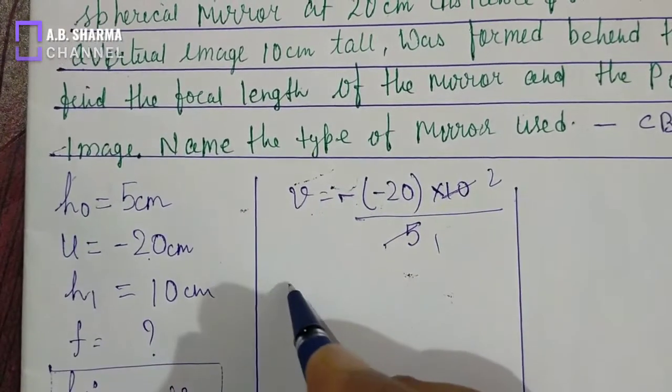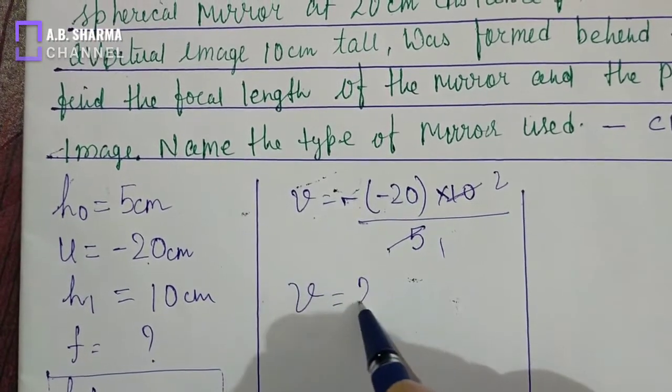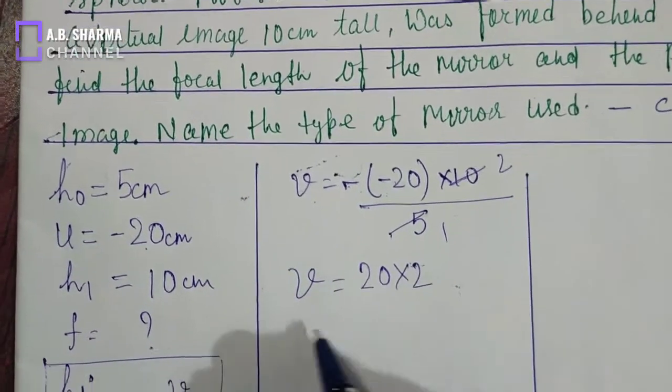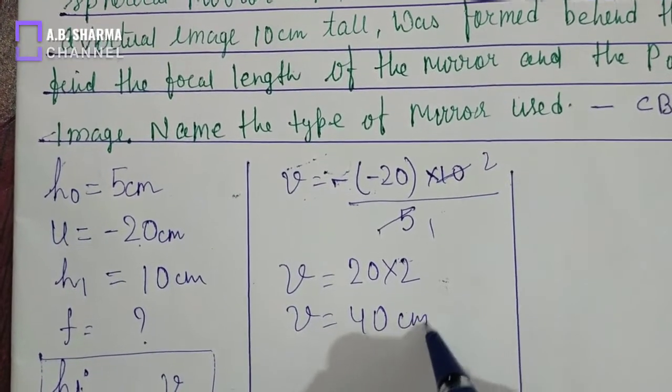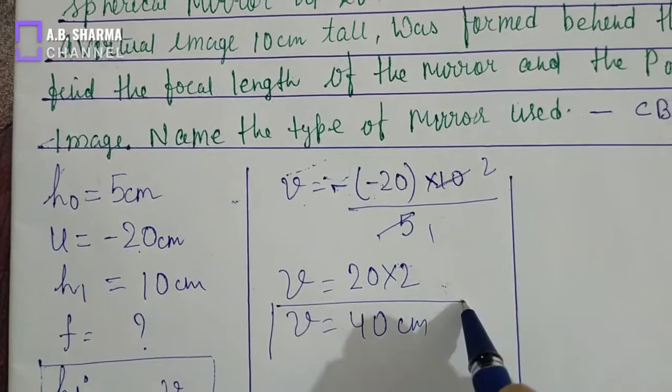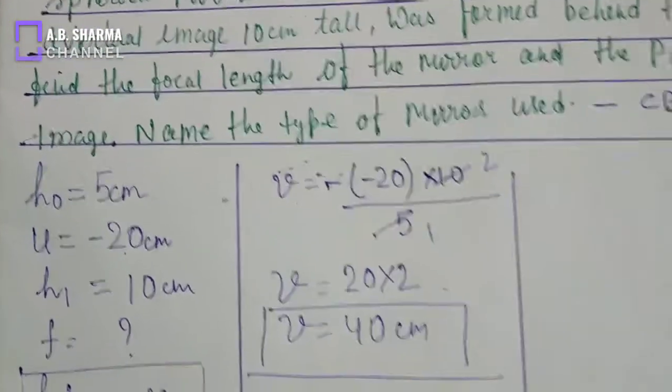This will become v equals to minus minus plus, that is 20 into 2, or v equals to 40 centimeter. So we have calculated the value of image distance, that is v equals to 40 centimeter.